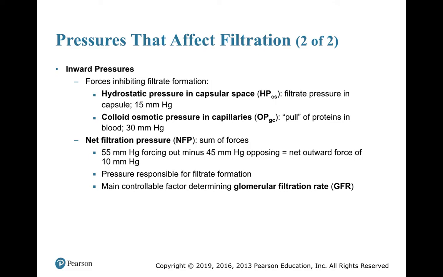So our net filtration pressure would be the sum of all those forces: 55 forcing out, 45 opposing, so a net outward force of 10 millimeters of mercury. That push of 10 millimeters of mercury is what we use to push the filtrate into the capsule, and that is the major controlling factor that determines something called glomerular filtration rate.